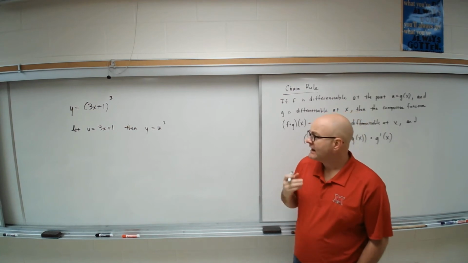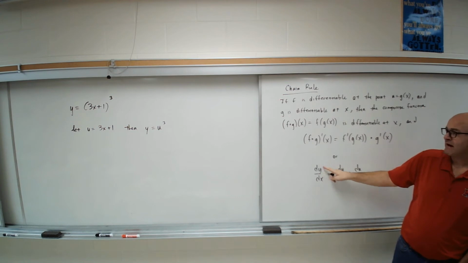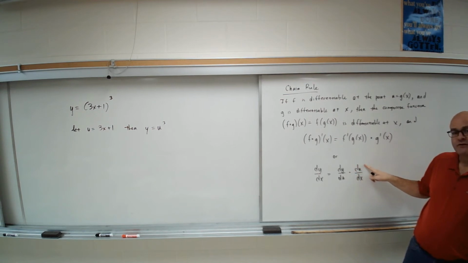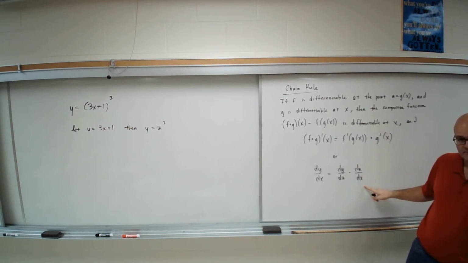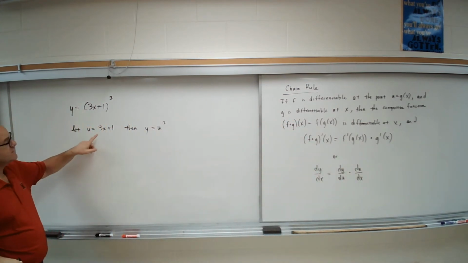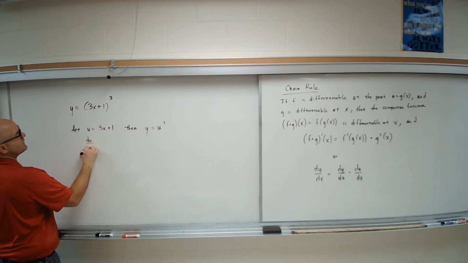Now, our definition here was that the derivative of y with respect to x, which is what we're trying to find, is the derivative of y with respect to u times the derivative of u with respect to x. So we just need to find those pieces. If u is 3x plus 1, what's the derivative of u with respect to x?